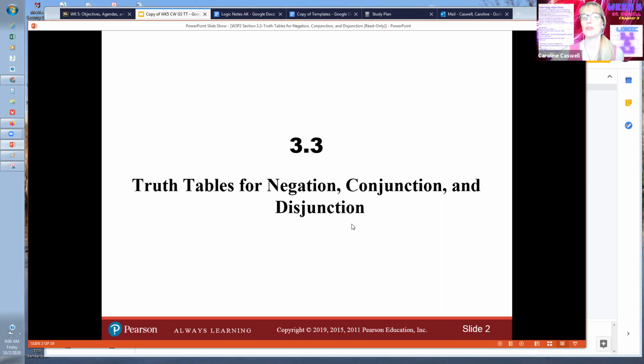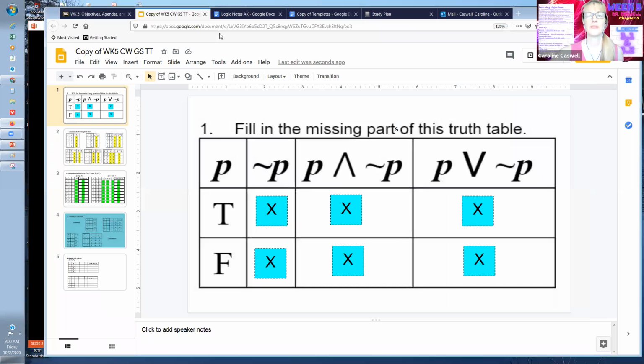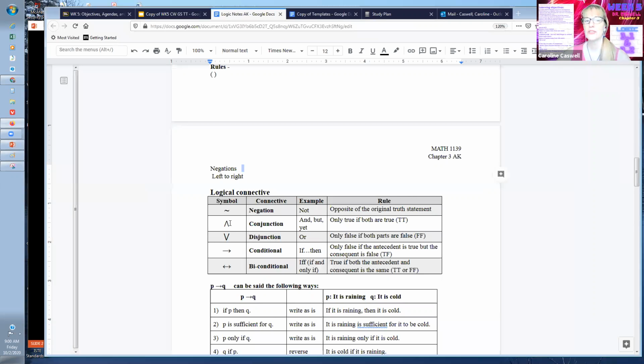So today we're going to learn a little more about negation. We're going to learn about conjunction. We're going to learn about disjunction. You may or may not remember the word conjunction, but if you look back in your notes, there it is. Conjunctions are ands. They're like those intersections we did with Venn diagrams. Disjunctions are the V's, like U's, like union.